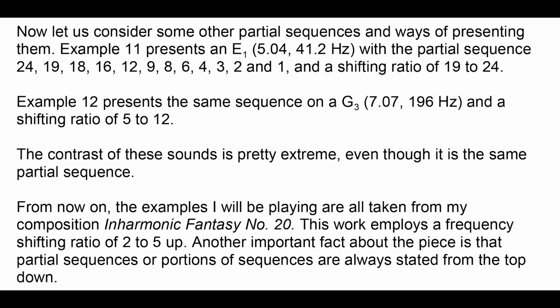Example 11 presents an E1, 5.04, 41.2 Hz, with the partial sequence 24, 19, 18, 16, 12, 9, 8, 6, 4, 3, 2, and 1, and a shifting ratio of 19:24.